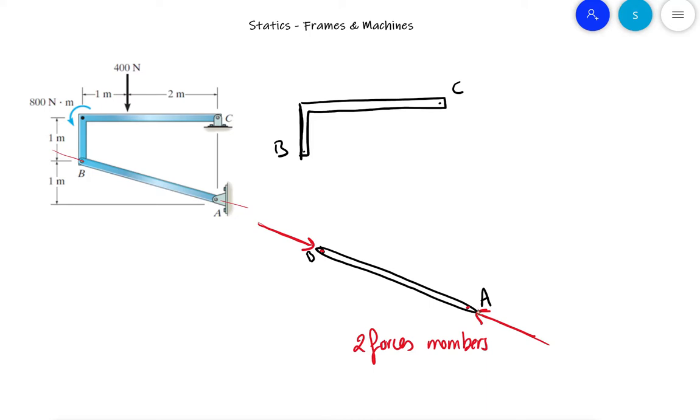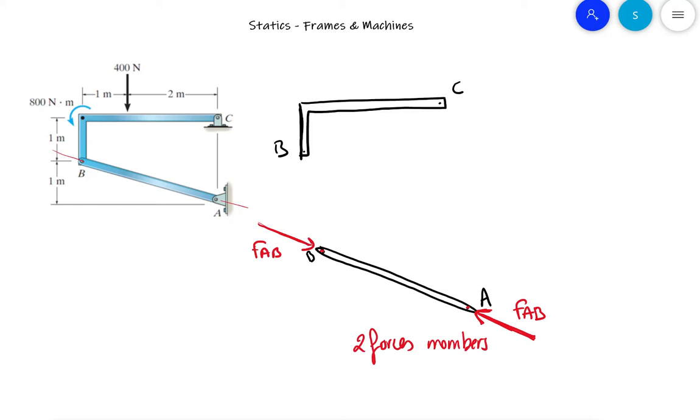But I recommend to try to understand what's happening, and if it's compression or tension, because it will be easier. Because after that, you have to change all the directions of the force in every diagram. So that's FAB. That just means that there's a force inside the member AB.